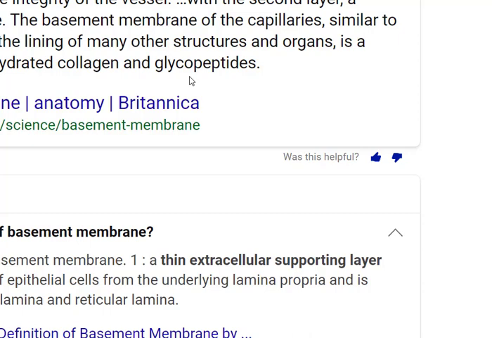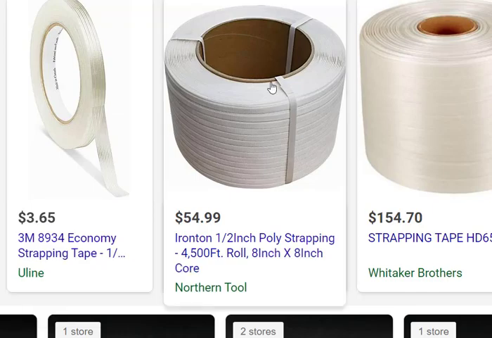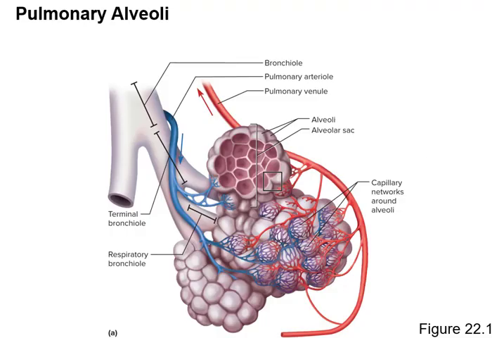So to put it in your mind, think of strapping tape. Strapping tape kind of looks like Scotch tape, except it's got filaments in it that make it really strong, so it's really hard to tear. You almost have to have scissors. You can't bite it through with your teeth like regular Scotch tape. So imagine the two layers of squamous epithelium with some of that collagen fiber and a little glycoprotein in there to kind of hold it together.